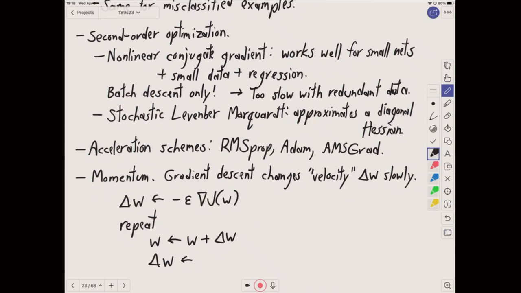And so the idea of momentum is that the velocity at the next step is going to be a combination of the direction of steepest descent and the velocity that we were already moving at. So this second term essentially is conservation of momentum. Let's keep moving in the same direction, sort of.